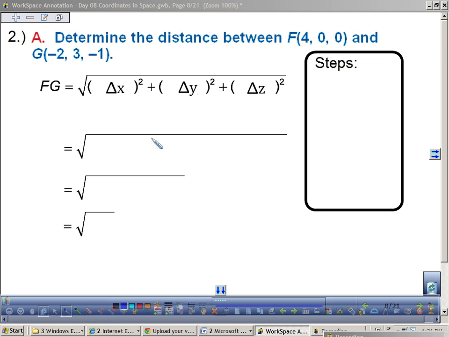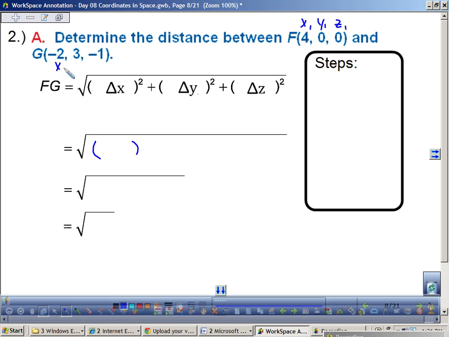Distance formula. Isn't the distance formula the change in x, and the change in y, and the change in z? So all I really need to do is find, let's call this one x1, y1, z1, and the lovely part of the distance formula is, does it matter if they're negative?